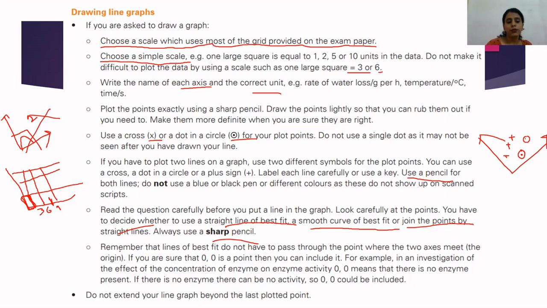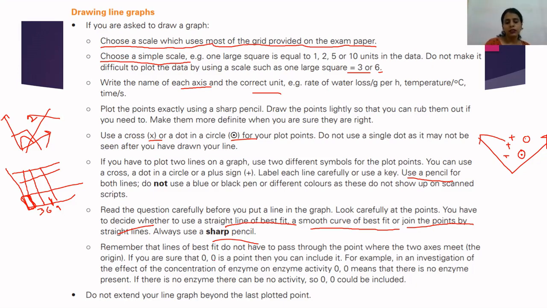The last very important point is to remember that lines of best fit do not have to pass through the origin, where the 2 axes meet. If you are sure that 0, 0 is a point, then you can include it.